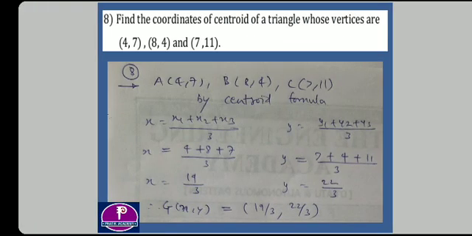Next, find the coordinates of the centroid of the triangle whose vertices are (4, 7), (8, 4) and (7, 11). By using the centroid formula, x is equal to (x1 plus x2 plus x3) upon 3, y is equal to (y1 plus y2 plus y3) upon 3. We get the coordinates of the centroid as 19 upon 3 and 22 upon 3.